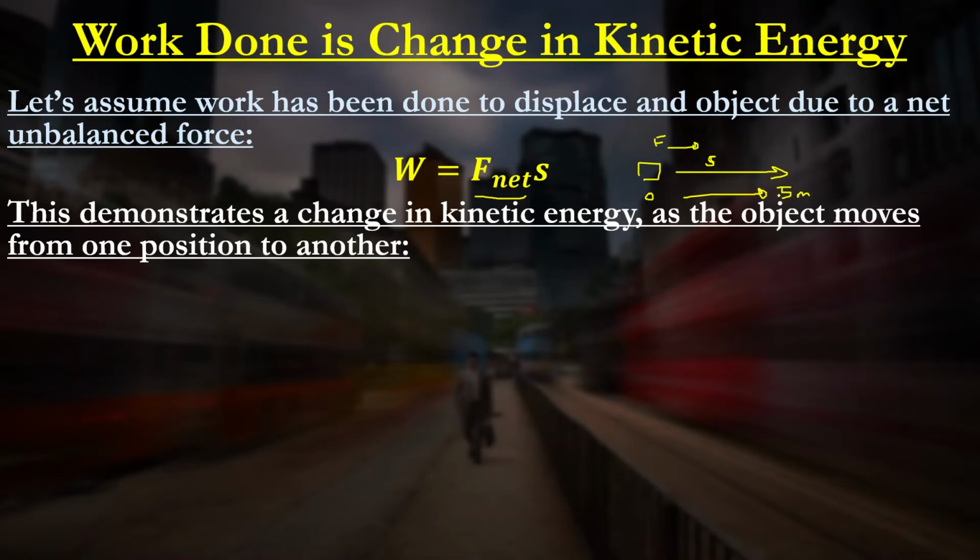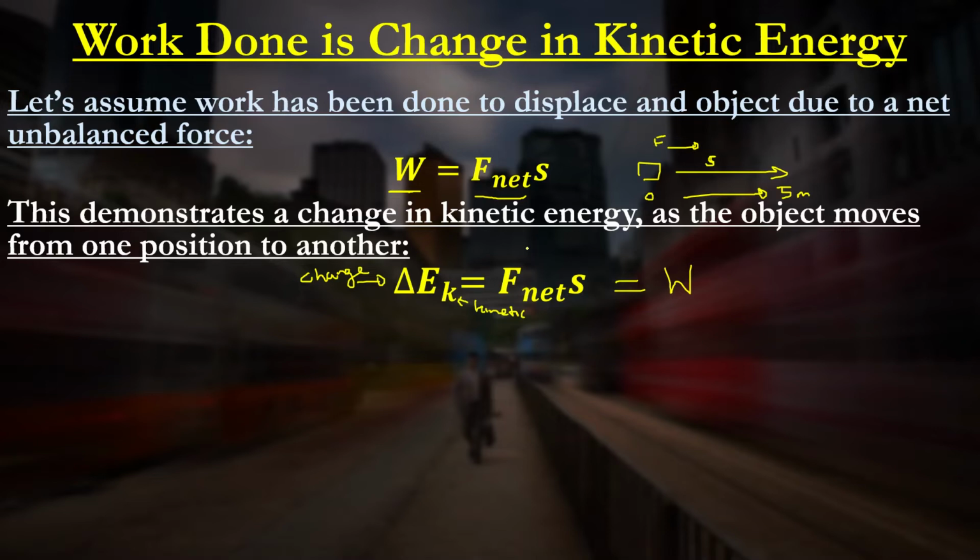It's gone from 0 to 5. And so another way of saying work done W, we can say delta EK. Delta means the change, K is for kinetic energy. So the change in kinetic energy is the same thing as the work being done on moving that object. They are equal to each other.